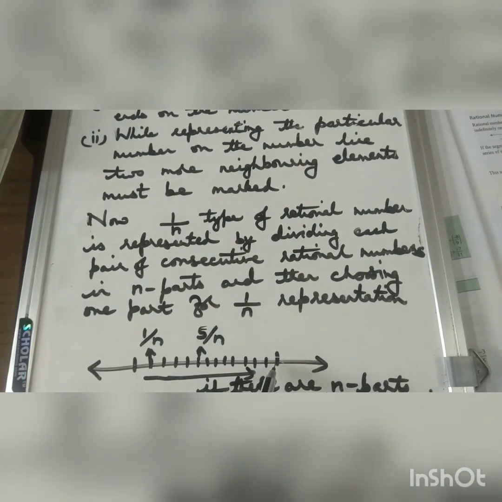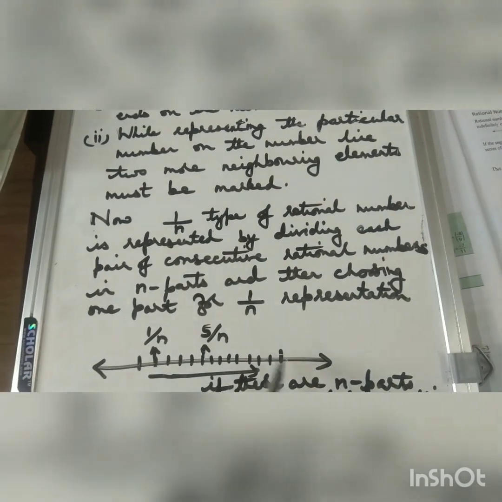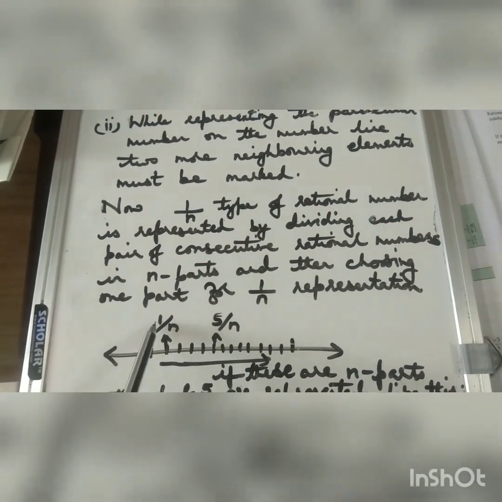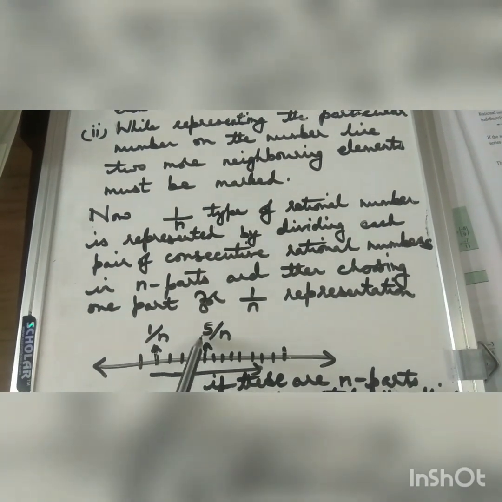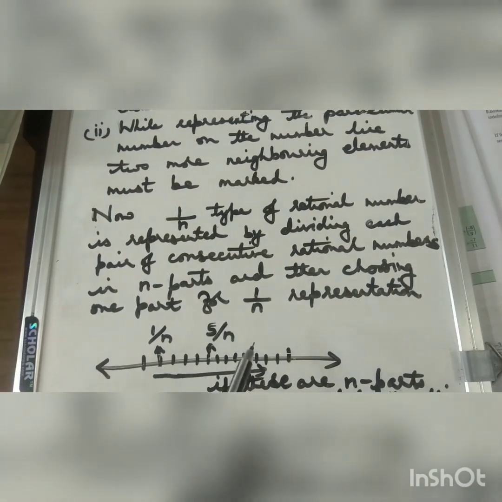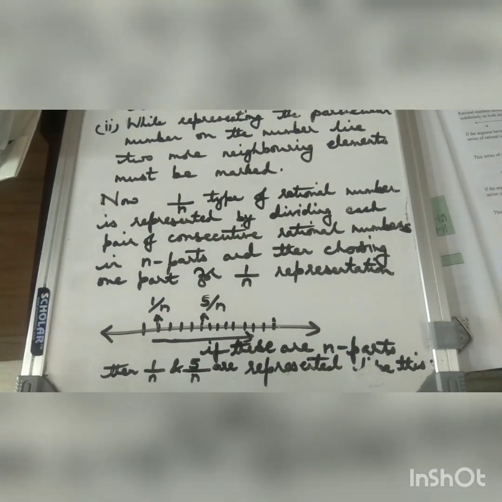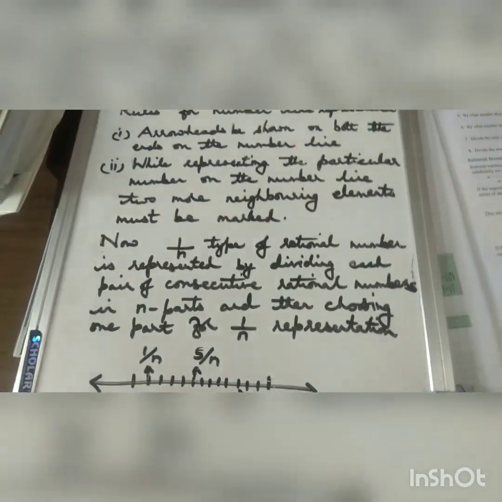Now if it is 1 by 10, in place of n it is 10, you will take 10 equal portions in between two consecutive numbers, and then 1 by 10 will be the first part. If it is 5 by 10, then take the fifth part, and similarly n parts are to be represented like this. I hope this much is clear.